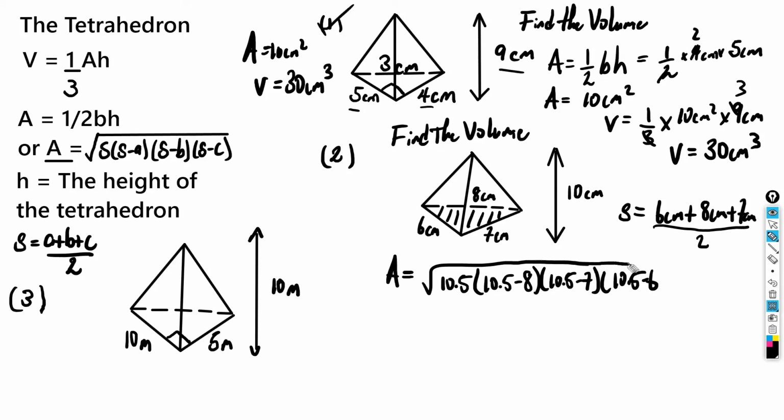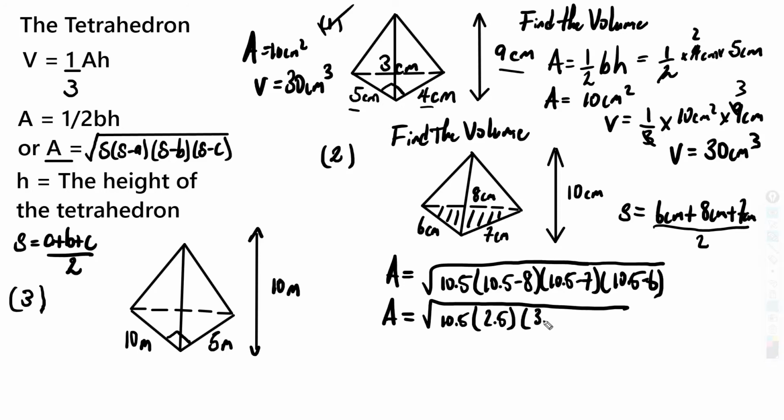All right, guys, that's what we're supposed to get using Heron's formula. Then the area should be the square root of 10.5 times 2.5 times 3.5 times 4.5.